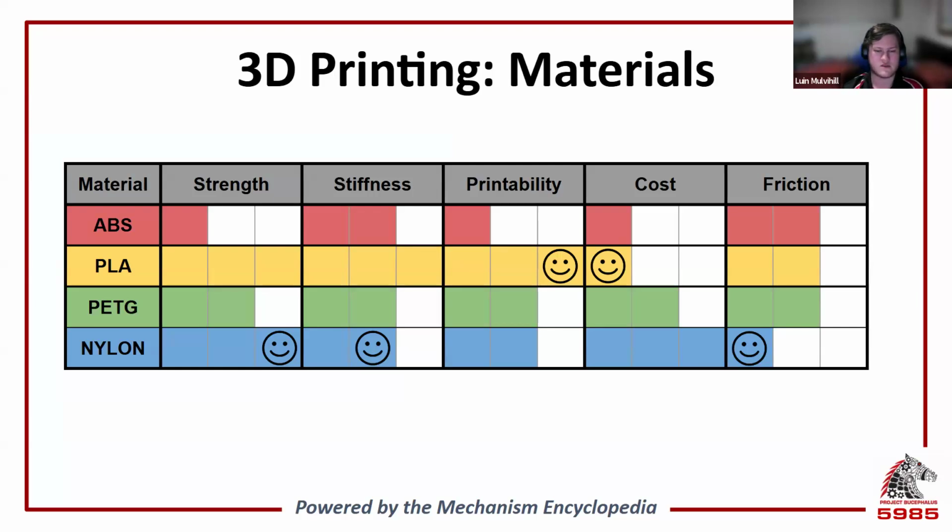Nylon is probably the best material to use when printing power transmission components. It's as strong as PLA without the stiffness, which means it's less brittle, as well as having a higher temperature resistance. It also naturally has a lower coefficient of friction compared to other filaments, making for a more efficient system. The downside of nylon is that it's more expensive than the other materials, and it can also be harder to print.